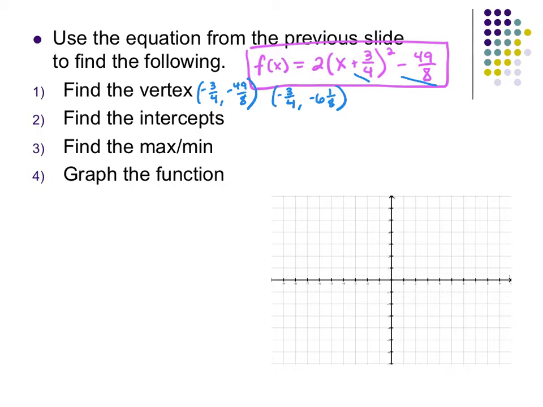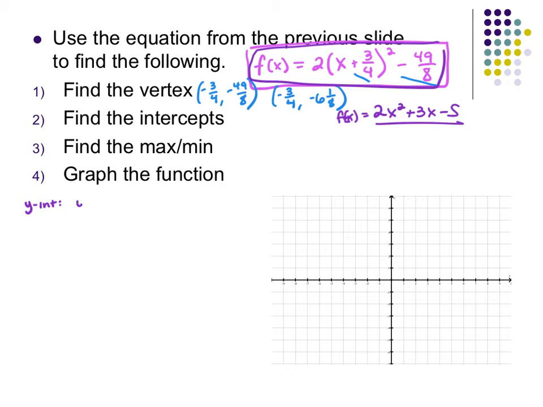My intercepts, so if I want to find the y-intercept, I'm going to plug 0 in for x. Now, here's the trick. You can either plug it into this form, or you can plug it into the original form, which was f of x equals 2x squared plus 3x minus 5, okay? And this time, because of those fractions, it might be easier to plug it into my original.